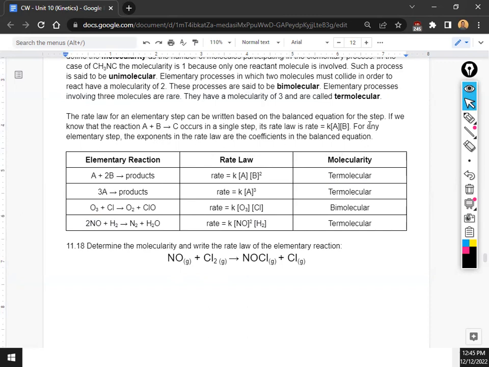Yeah, go ahead. Wait, so if it's 2 NO, so the nitrogen, whatever is balanced, are they colliding as one molecule? No, they're 2 separate NOs. Yeah, but I'm saying NO itself would be colliding as a single molecule, and then you have a different NO. It's not a nitrogen and an oxygen trying to collide at the same time, and then a different nitrogen and oxygen colliding, and then hydrogen.